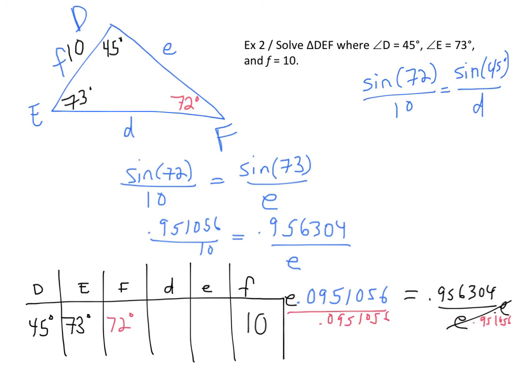So, pretty nicely, though, 0.951056 over 0.951056 is 1. I'll have E over here, and then I just have whatever this mess is, this 0.956304 divided by 0.951056, and I can just do that. 0.956304 divided by 0.951056.